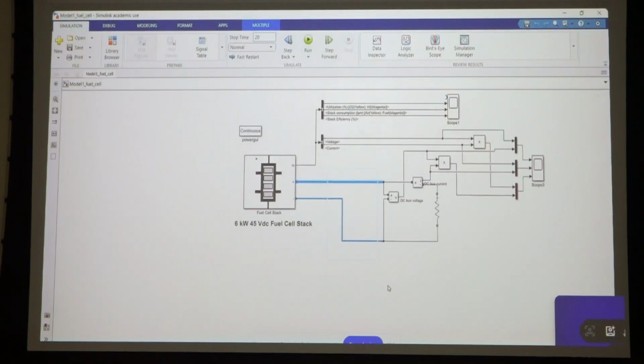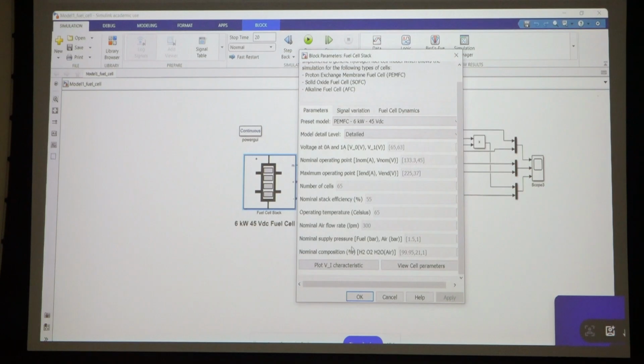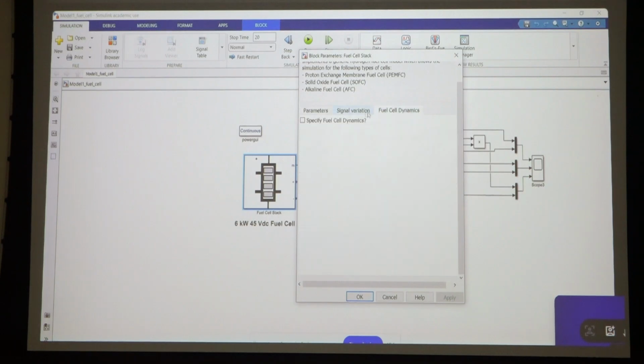Okay, for this one, the same circuit actually, here we see there is a measurement terminal. If we want to see the measured parameters, different parameters of this fuel cell stack, like what is the utilization, if you click here, at the bottom side, it's built in.